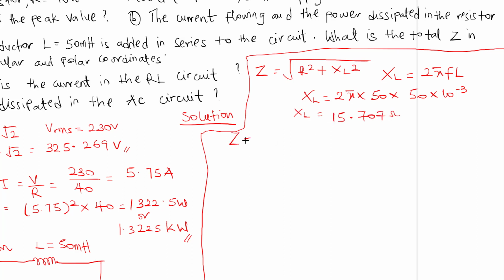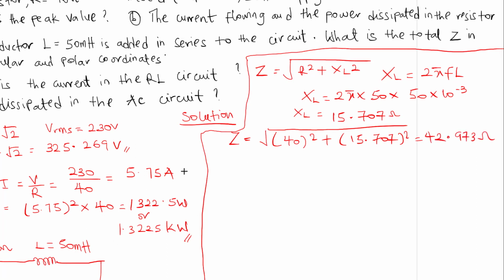So now the impedance will be very easy to find. I'll have R to be 40 squared plus the XL value, which is 15.707 all squared, and the impedance value to be, so if you want to write this in the polar or rectangular form as the question said, impedance should be equal to R plus JXL, the resistance which is 40 plus JXL, we had XL to be 15.707 in the polar form.